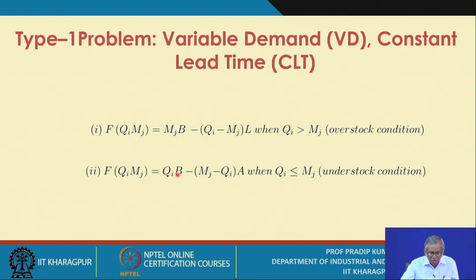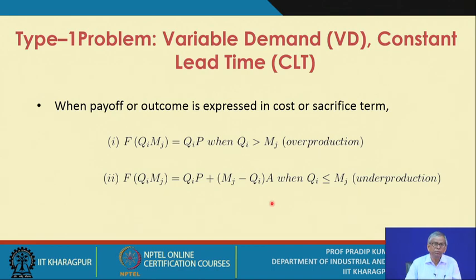So it is Qi into B minus (Mj minus Qi) into A, where Qi is less than or equal to Mj. So these are both the conditions, overstock as well as understock, and essentially there is a possibility of selling: the item you are procuring, you are also selling.